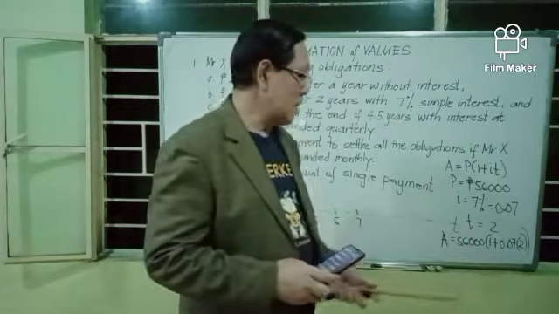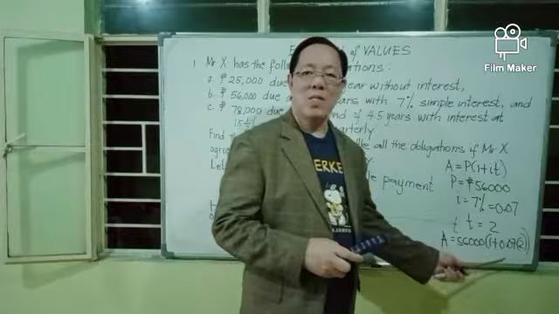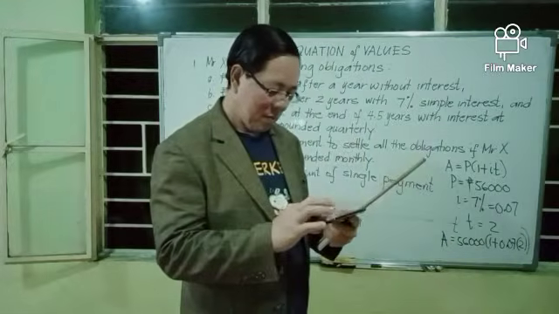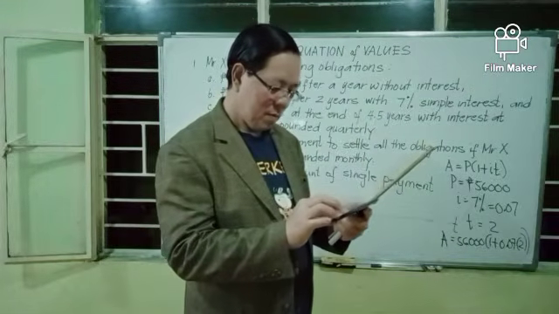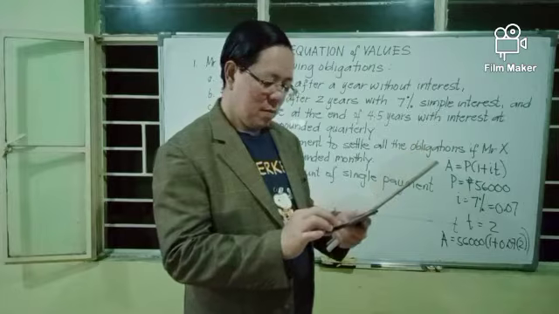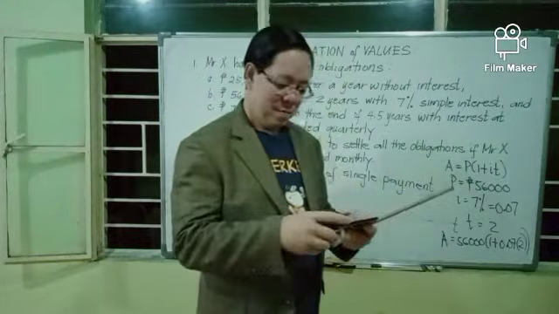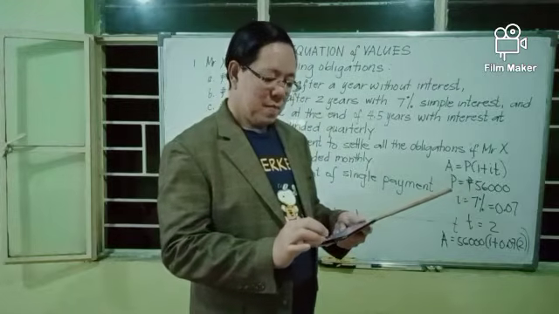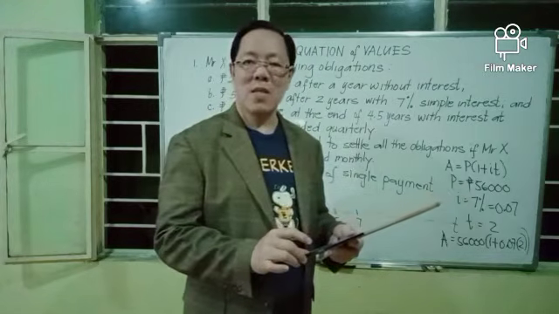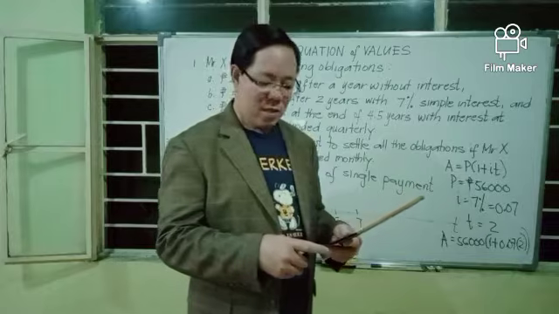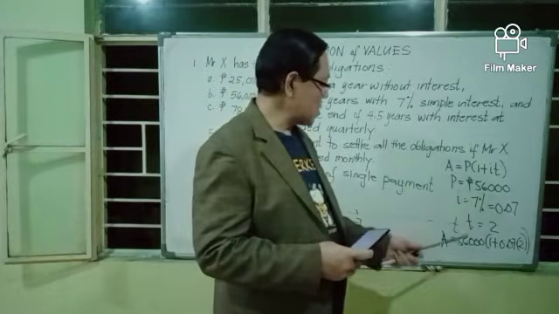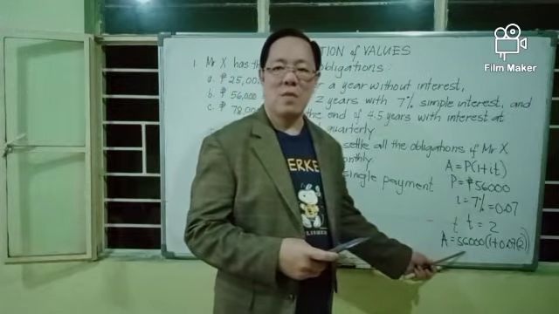Again, you start with 2 multiplied by 0.07 plus 1, and you press the equal sign in your calculator, and the answer should be 1.14, and multiply that by 56,000 pesos.